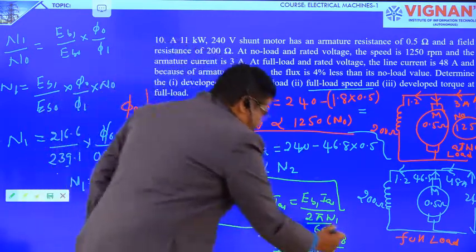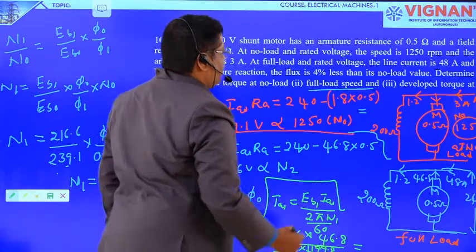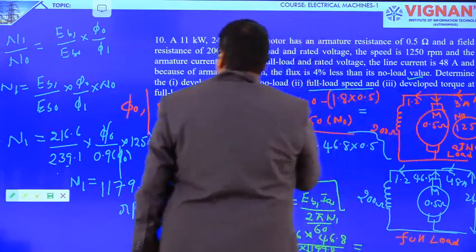You simplify this and get the answer for the developed torque at full load.